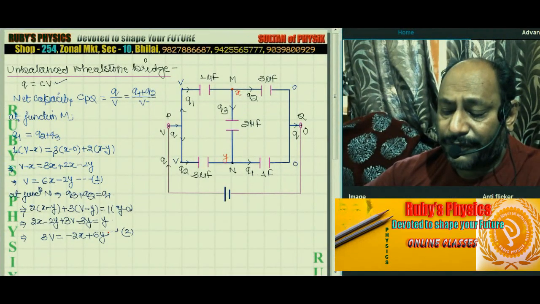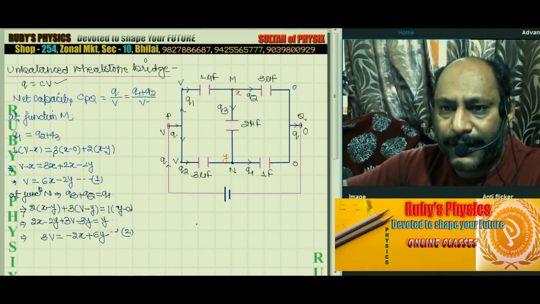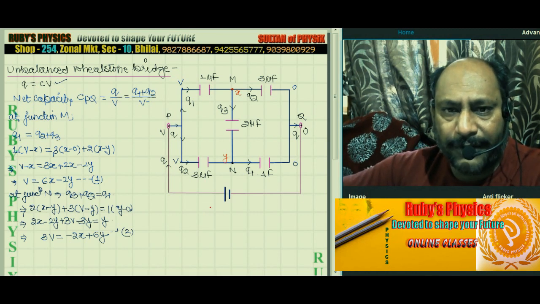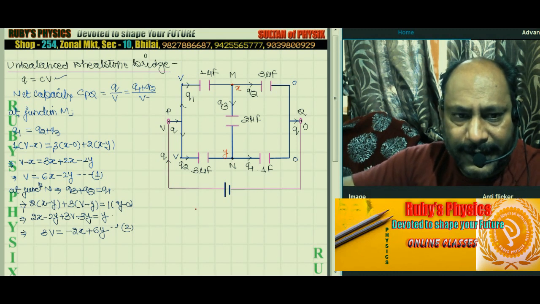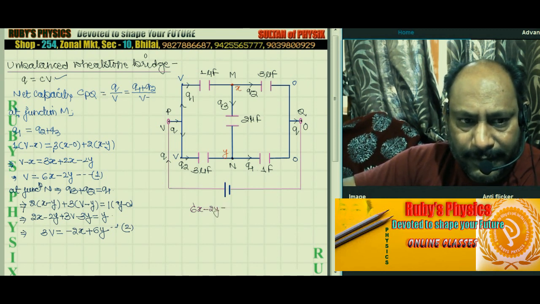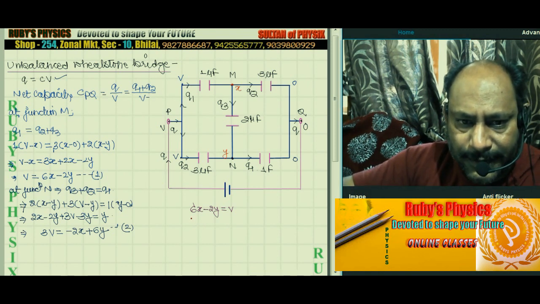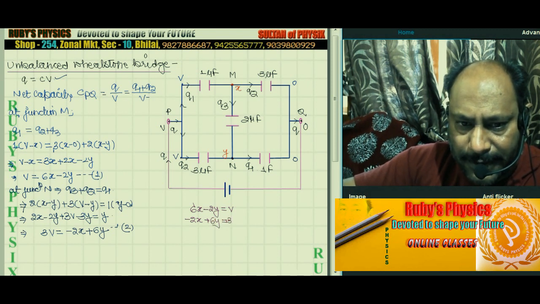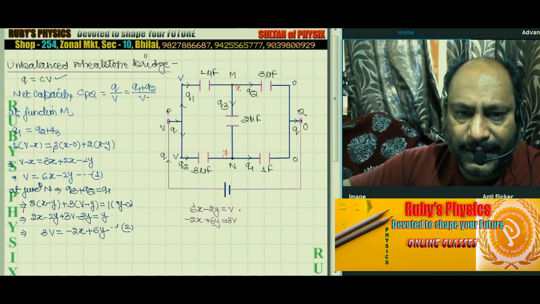If you can calculate X only, you can obtain everything. I am solving here for your convenience. So let us write the two equations. It is 6X minus 2Y is equal to V, equation number 1, and minus 2x plus 6y is equal to 3v. Now just multiply.